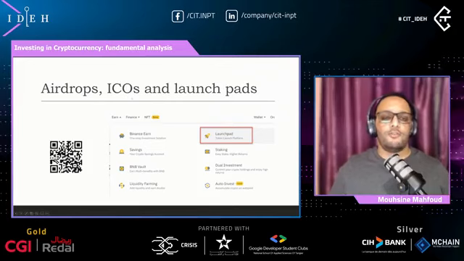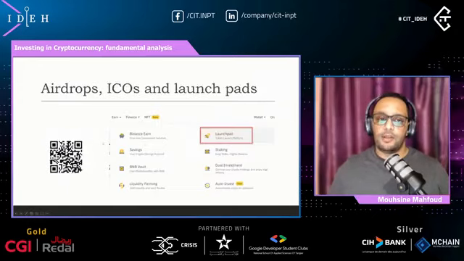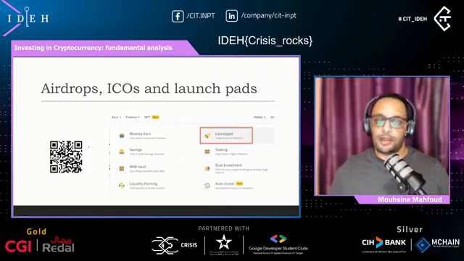Initial coin offerings are events where they sell the coin to investors very cheap, and when it's launched on the exchanges, it will go up in price, and then you can sell. Launchpads are available as well, for instance in Binance.